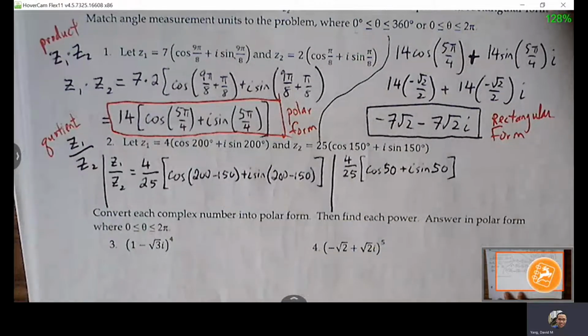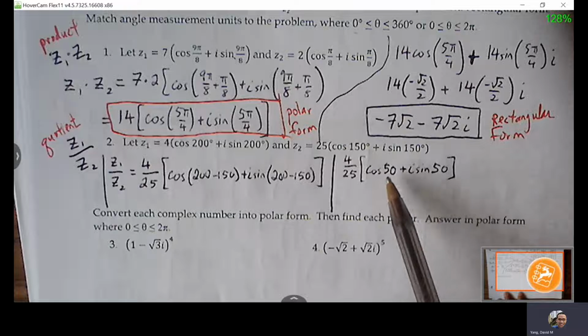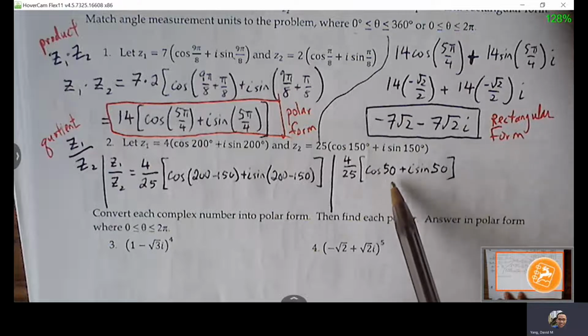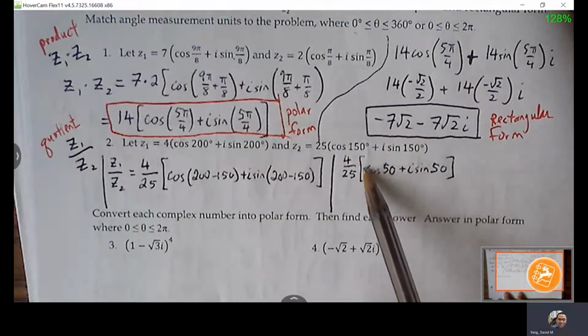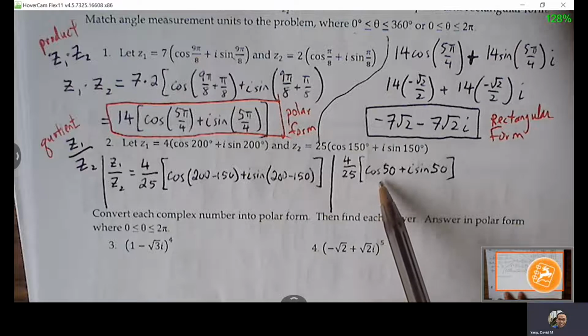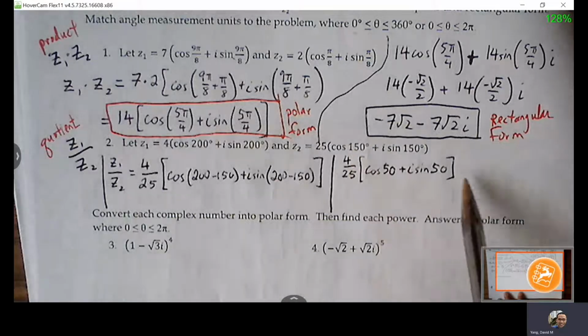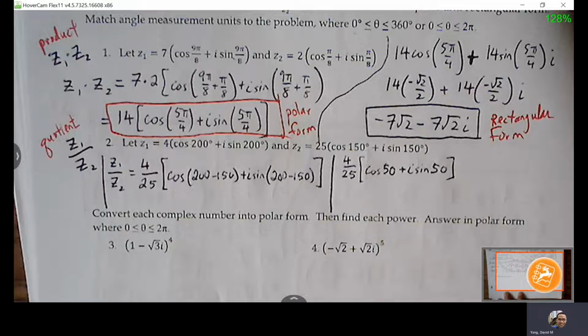Okay, 50 degrees is not going to be a nice unit circle value, so you just leave it in decimal form when you convert it to rectangular form.